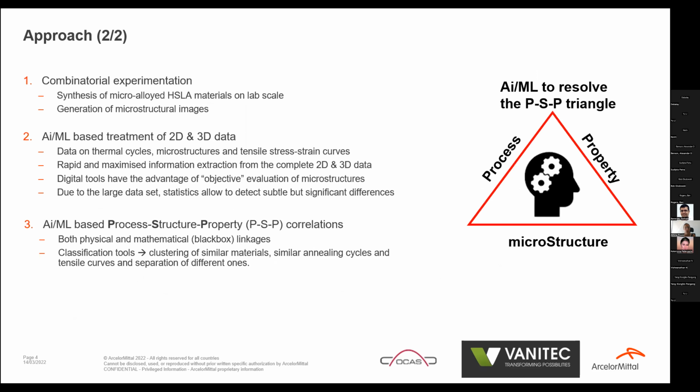How are we going to do that? We're going to make 3 different compositions with varying vanadium and carbon to influence the precipitation during subsequent processing steps like hot rolling, cold rolling, and annealing, where we will vary different parameters and thus obtain a large set of different materials, from which different data will be collected.